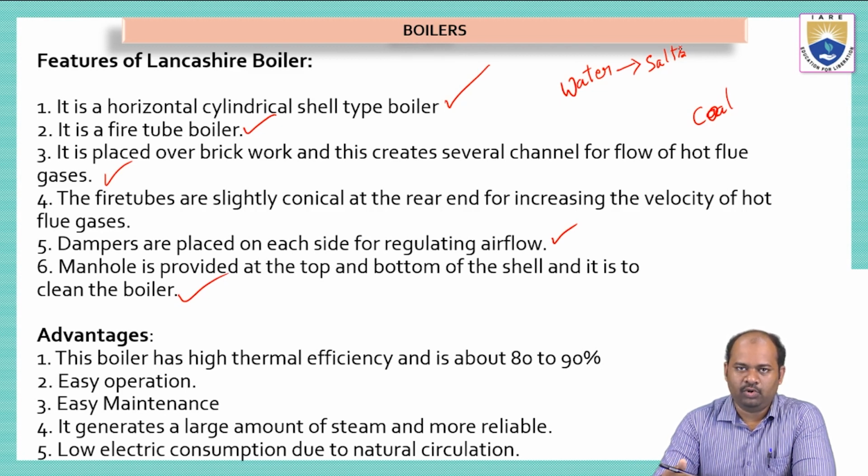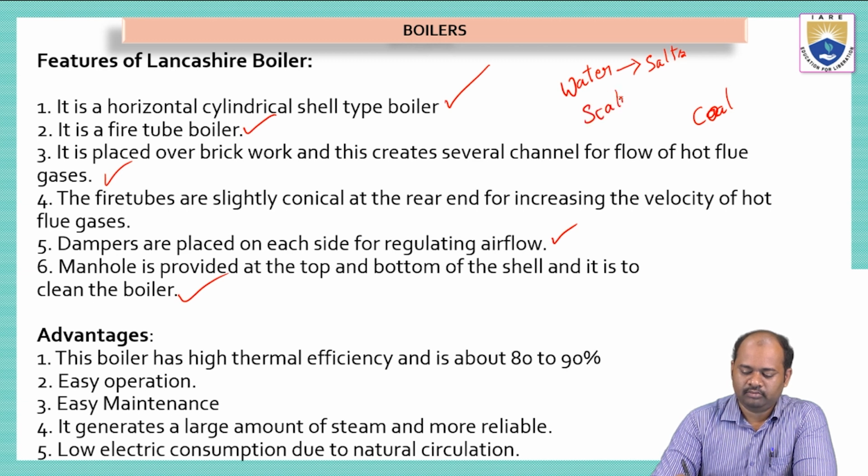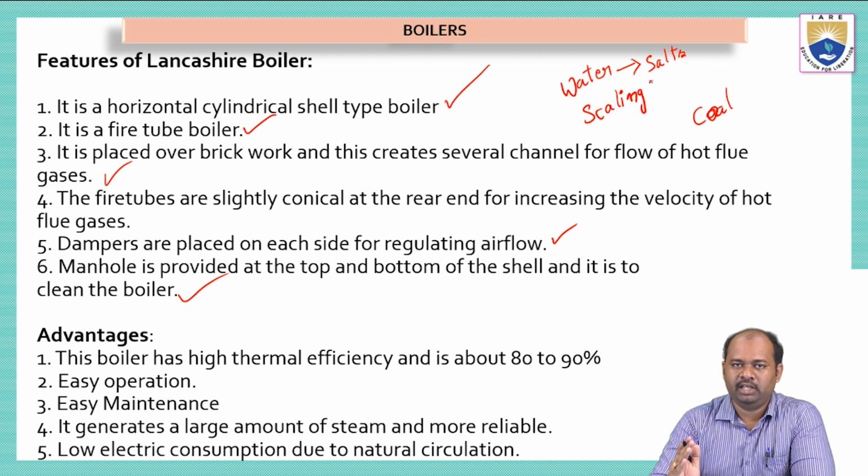So more salts, more hardness. When the water is boiled, these salts present inside the water will be separated and will form a layer on the inside structure of the boiler. This is called scaling. The scaling formation will be seen on the inside layer of the boiler.